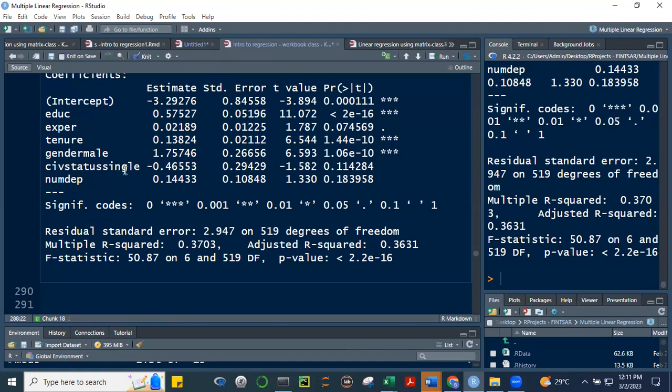Ganun din dito. Single respondents receive $0.46 less than their married counterparts. And then, assuming number of dependents is significant, for every one dependent increase, there's a corresponding 14 centavos increase in hourly wage.